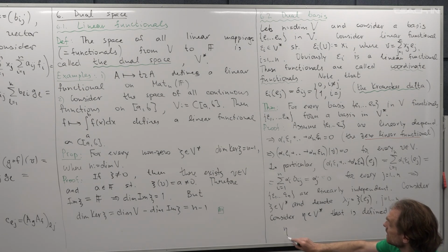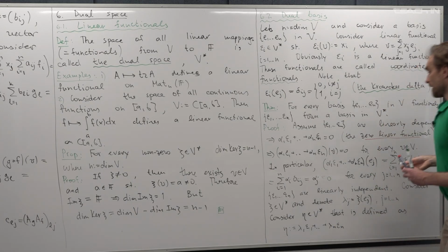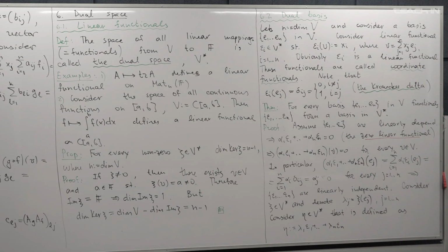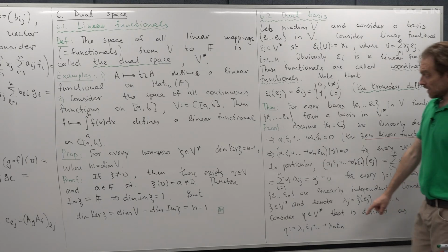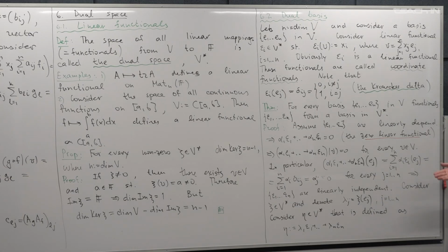So eta is lambda 1 by epsilon 1 plus etc. plus lambda n by epsilon n. So we get such a linear functional, and we will show that xi equals eta, and this will prove that we get a basis in our dual space.